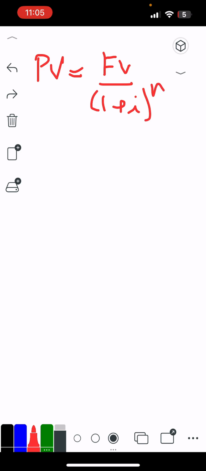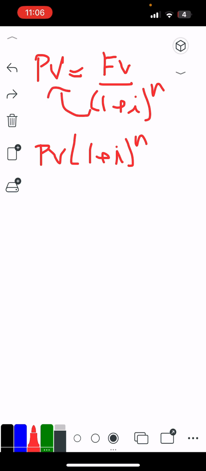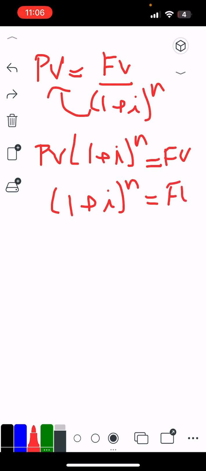So to rearrange the equation, you'll simply multiply the present value by 1 plus I raised to n, bringing this to the other side, equals future value. Now to separate your I, you will write 1 plus I all raised to n equals future value over present value.